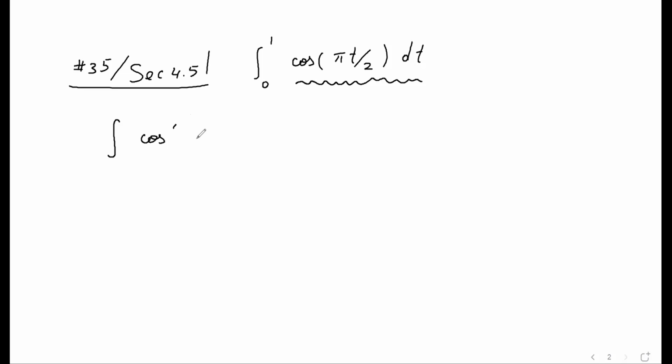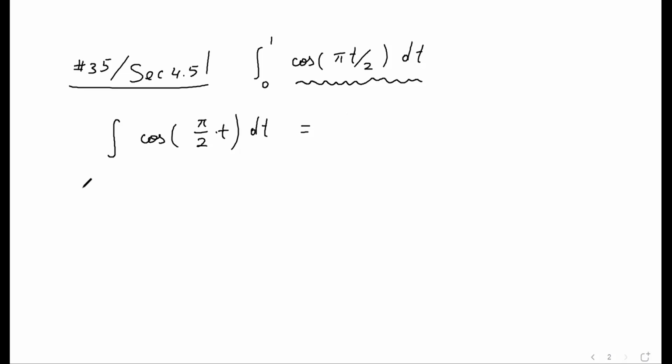The integral of cosine of pi over 2 times t dt. What is this thing here? This is an antiderivative, and this antiderivative needs to be calculated with the methods specific to antiderivatives.